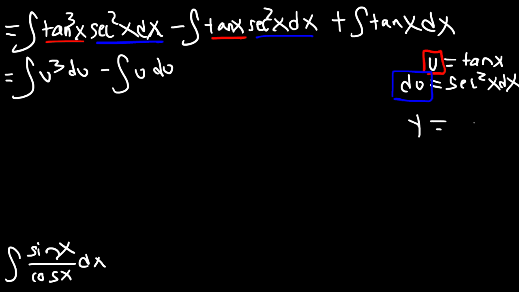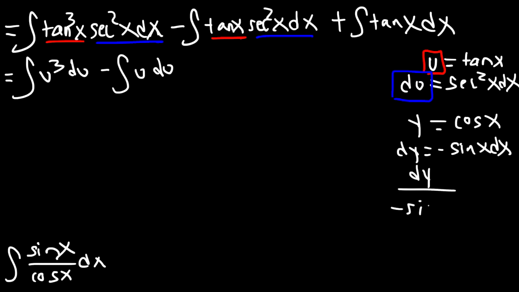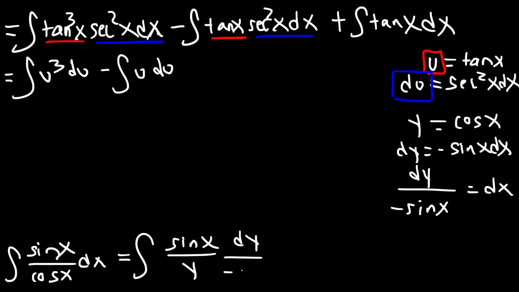Let's say y is equal to cosine x. dy is going to be the derivative of cosine, that's negative sine x dx. So solving for dx is going to be dy over negative sine x. So sine x, I'm going to just rewrite it for now. Cosine, we said it's y. dx is dy over negative sine.